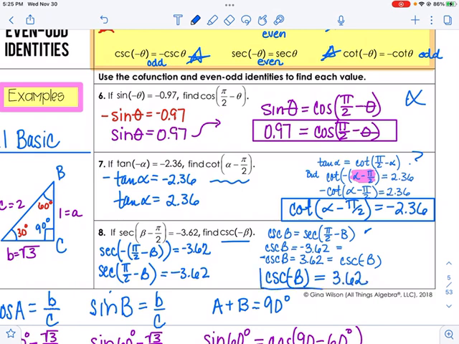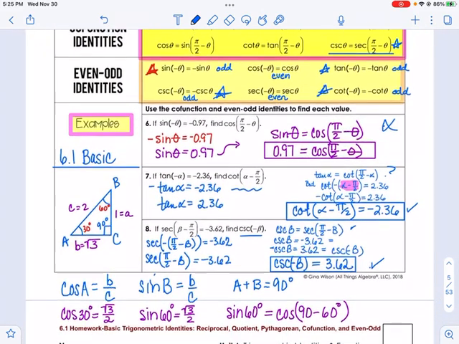Now, this will take some doing and some focus; they'll become like puzzles. You're essentially proving that the cofunction and even-odd identities help you to manipulate your expressions to prove what cosecant of negative beta is, what cotangent of alpha minus pi over 2 is equal to.